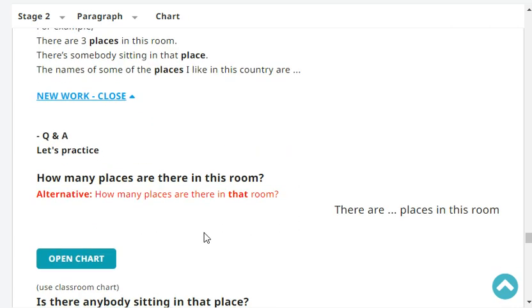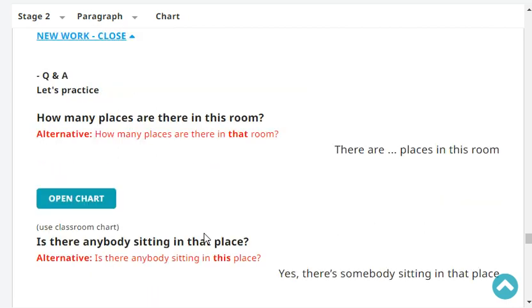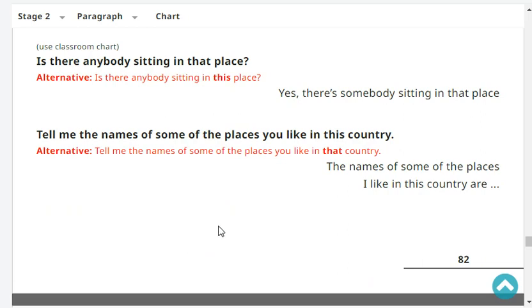Let's practice. How many places are there in this room? There are three places in that room. Is there anybody sitting in that place? Yes, there's somebody sitting in that place. Tell me the names of some of the places you like in your country.